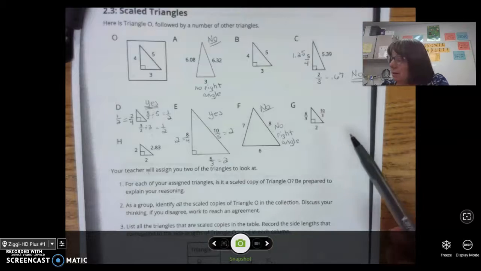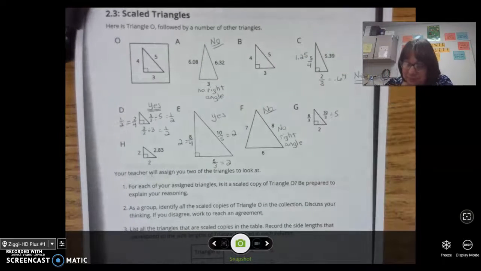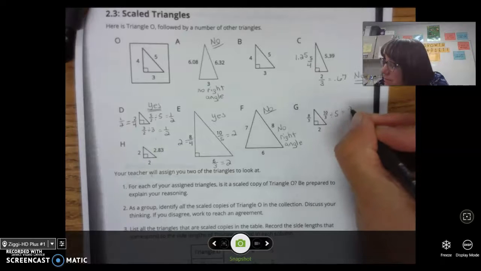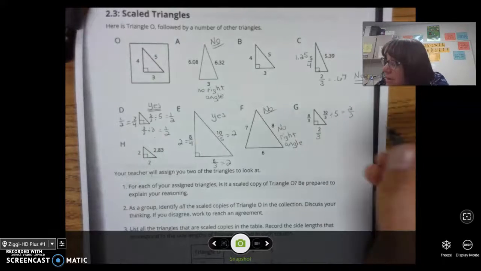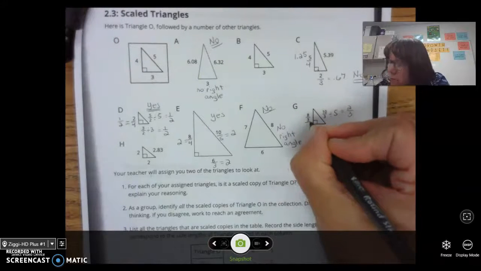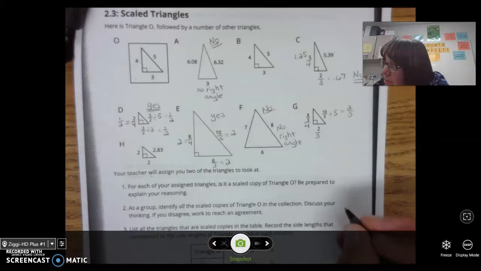Let's look at G. 10/3 divided by 5 gives me 2/3. 2 divided by 3 is 2/3. And 8/3 divided by 4 is 2/3.